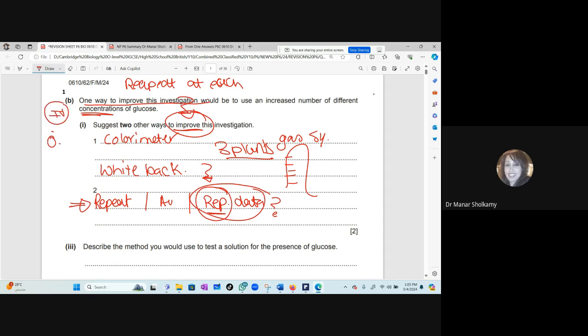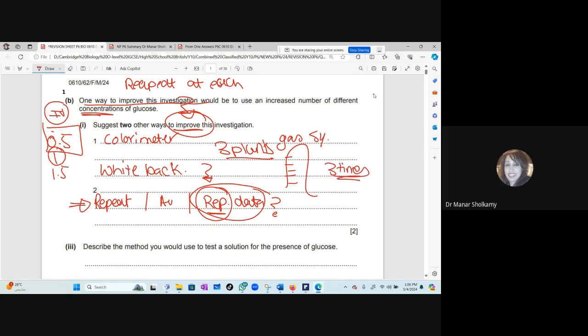Let's say I used concentration 0.5, 1, 1.5, and so on. I'm not going to just say that I will repeat. I will repeat at each concentration 5 times or more than once. I'm going to repeat the investigation at concentration 0.5 more than once. I will repeat the investigation at concentration 1 more than once, okay? And when you repeat, at least 3 times.